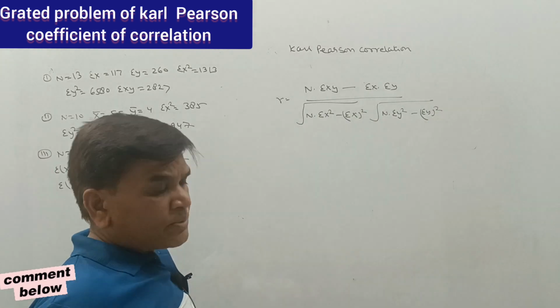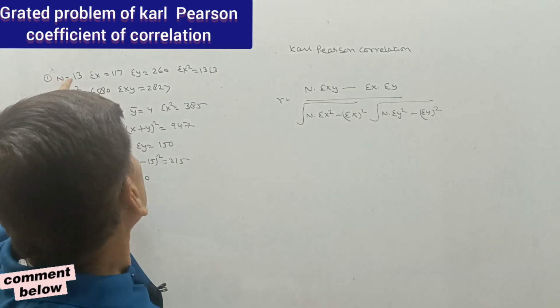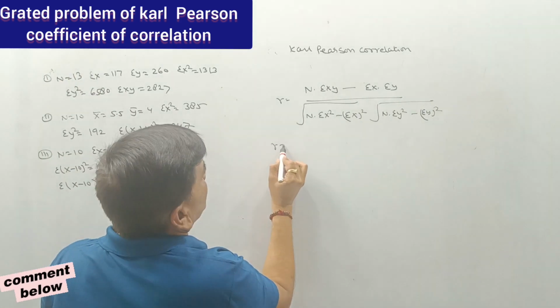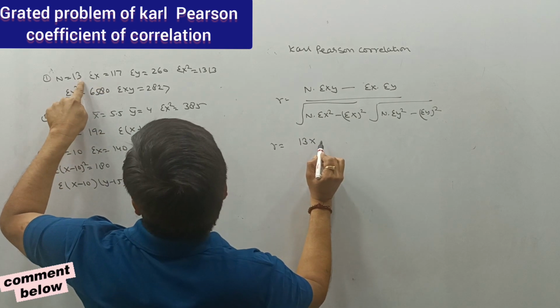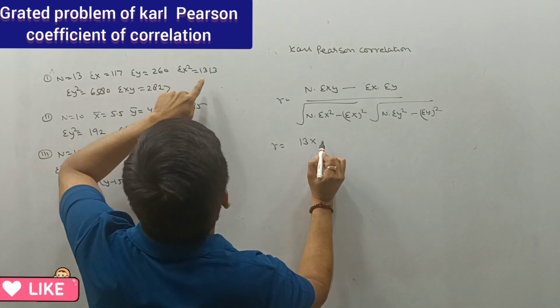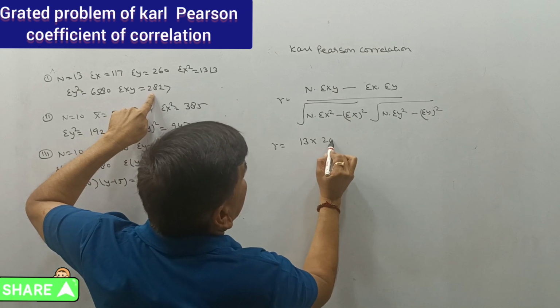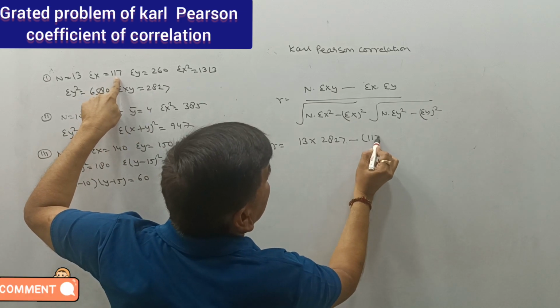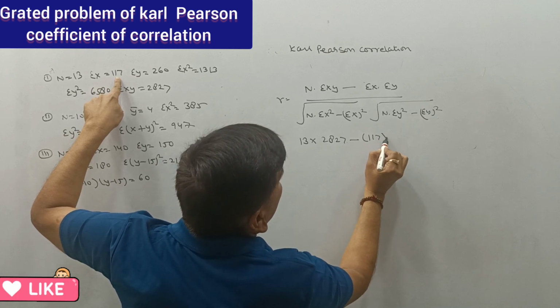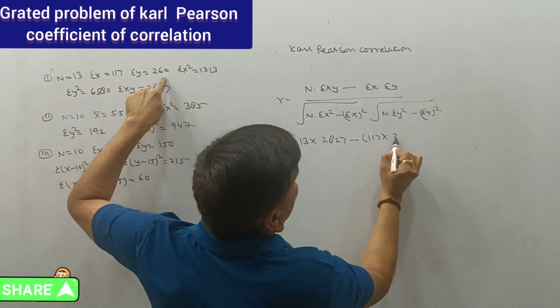That is the formula to calculate correlation. All the values are given, so we just put the values in: 13 multiply sigma xy is 2827, minus sigma x is 117, sigma y is 260.